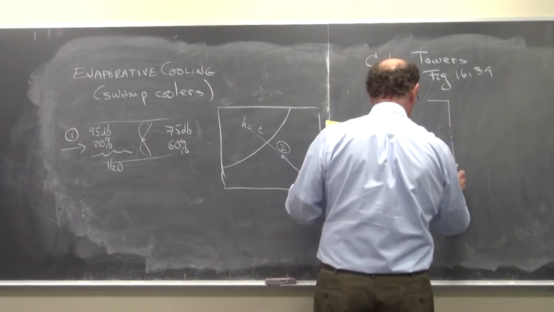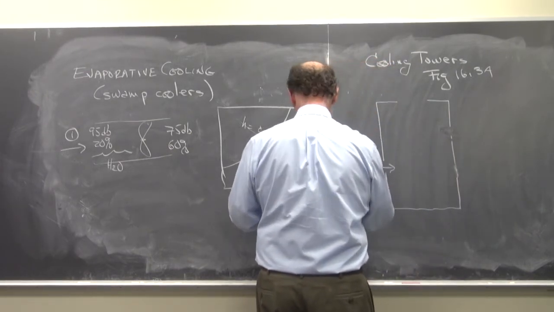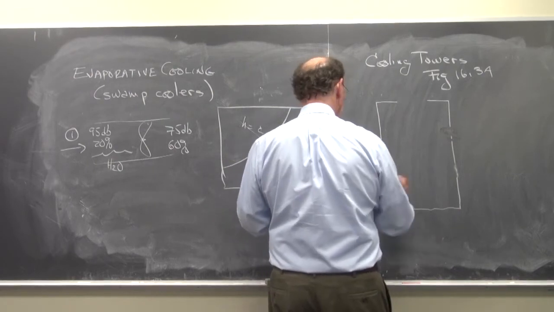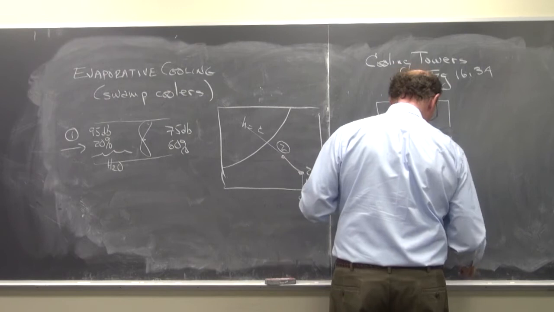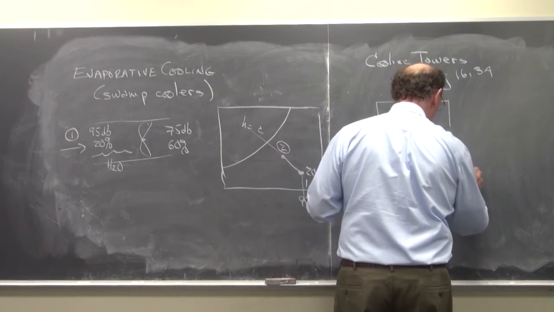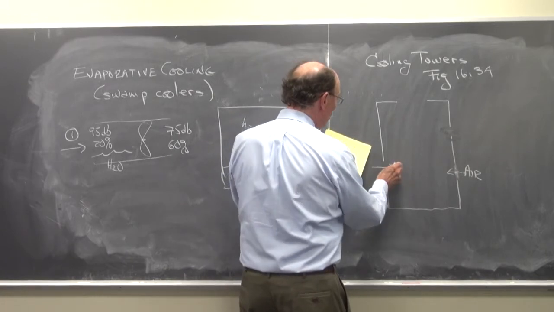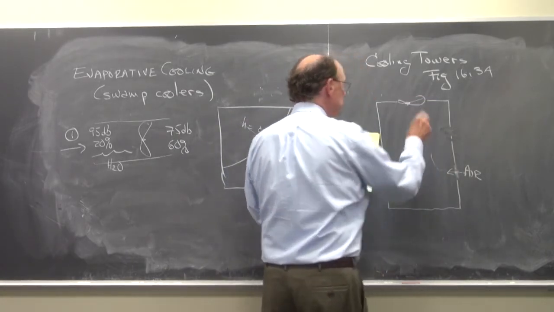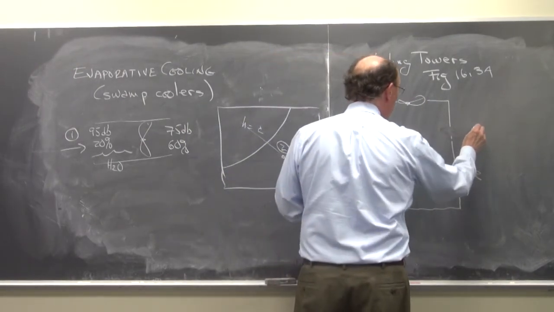So we have air. We have atmospheric air coming in, and it's going up. It'll be pulled up, and we have a fan here. There's a fan that's going to circulate and cause this. We have water that comes in.